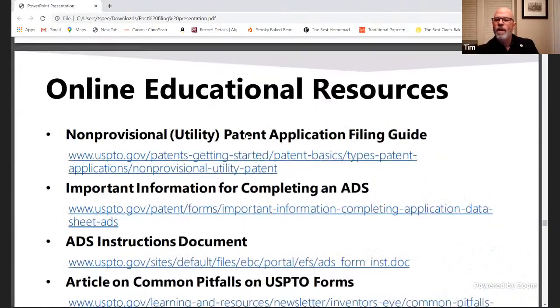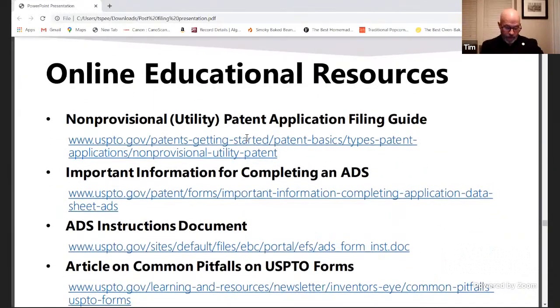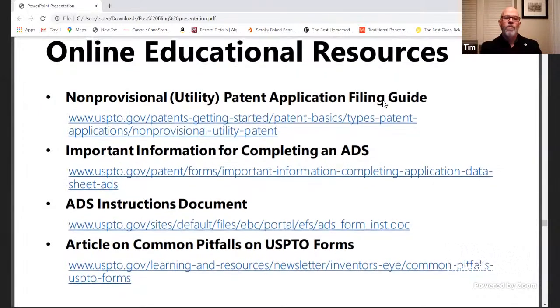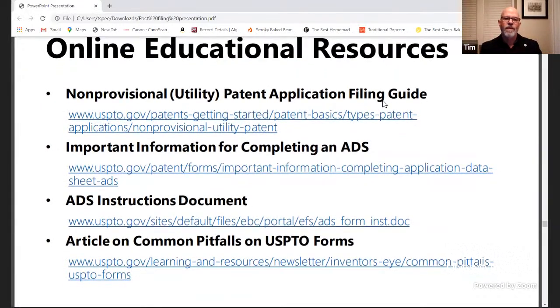And I think we're getting closer to the end of this presentation. So these are a bunch of the resources we have available, and you really should avail yourself of these things. We have instructions for how to complete the application data sheet, a guideline for filing non-provisional applications, and articles about common pitfalls in going through the process.